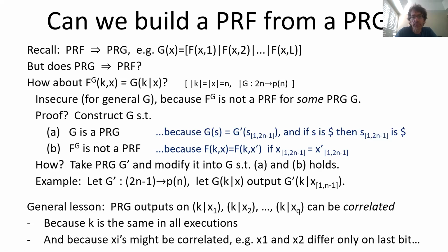Yeah, my idea is to take G and then you change it so that if X equals all 0 bits, then it outputs 0. This will still be a PRG. Yes, it will still be a PRG because you changed its outputs on a single seed. There's only negligible probability that the random seed would have the right-hand side all equal to zeros. Yes, so that will be another counterexample. Very good.